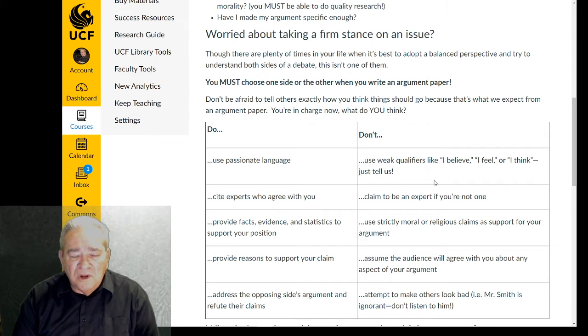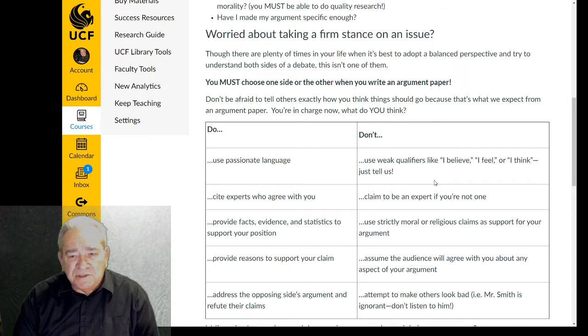But in a real persuasive paper, and in an argumentative paper especially, those become really weak when it comes to your argument. So it's better just to leave them out.